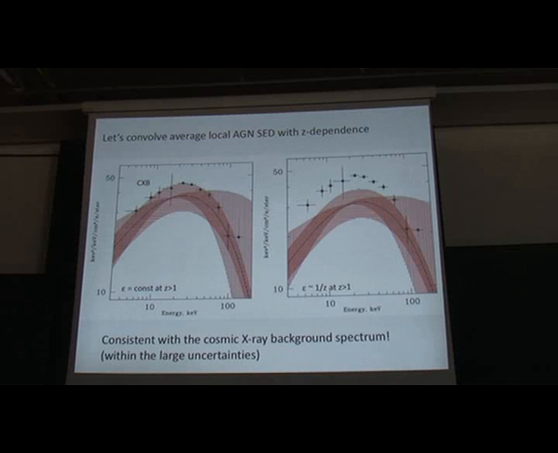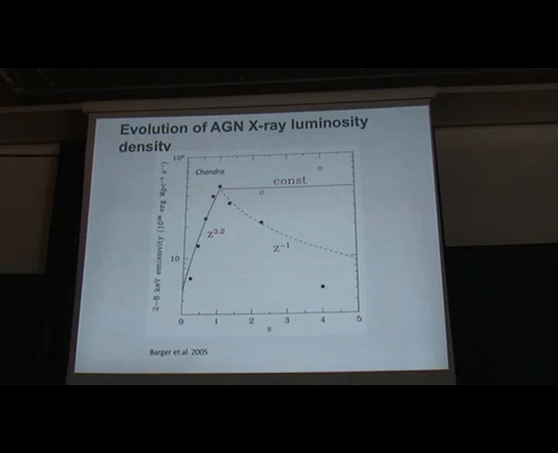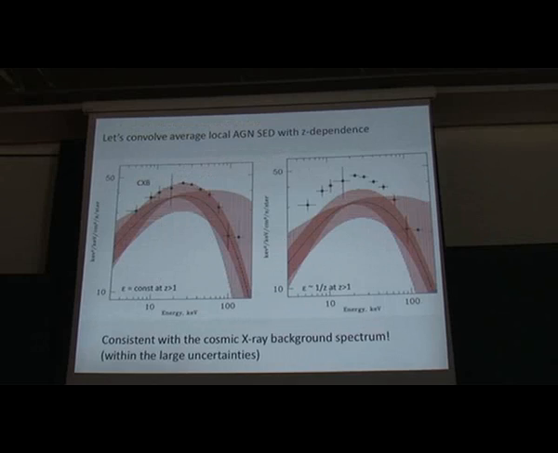And we see that it's pretty compatible with the measured CXB shape. And you see on these different plots, here the density of AGNs, the emissivity of AGNs, was assumed to be constant at high redshifts, and here it was declining. So there is a bit of discrepancy in normalization, but taking into account our simple model, that can be fine.